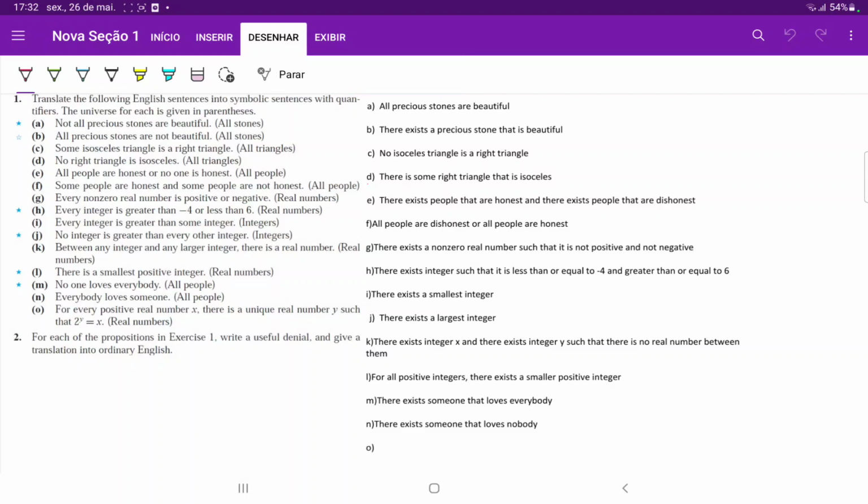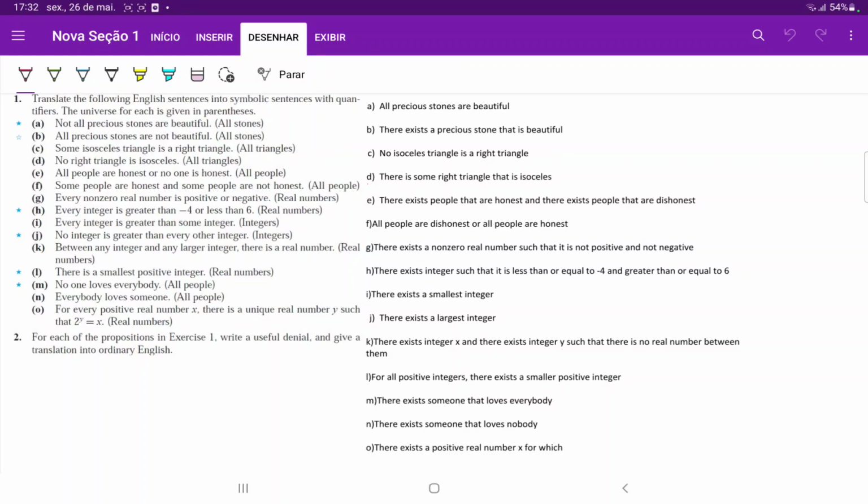For every positive real number x, there is a unique real number y such that 2 to the power of y is equal to x, right? So since this is universal, we're going to use the existential to deny. So we're going to say there exists a positive real number x, for which the opposite of there exists a real number y, since this is existential, we're going to use the universal.